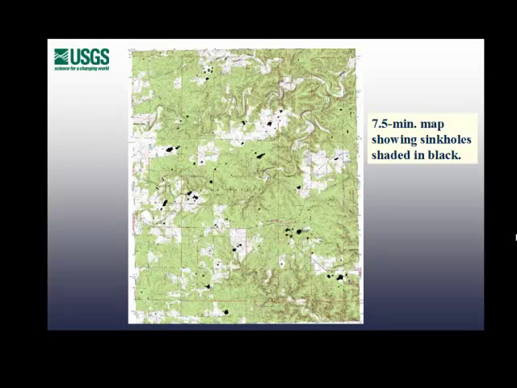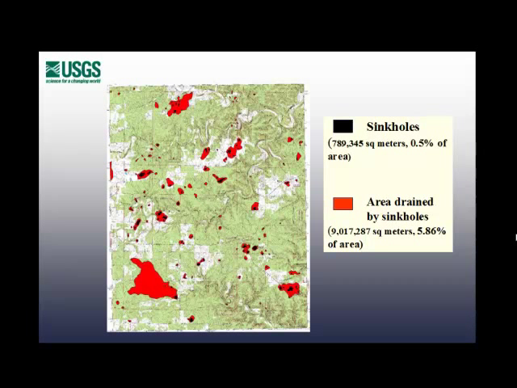Another aspect about sinkholes is environment. Here's a map of an area of Missouri. All the black dots are sinkholes. You think, okay, well, that's not too bad. But the fact is that these sinkholes are natural inputs to the groundwater, and very rapidly. If you look at the drainage basin around those sinkholes, for this one right here, there's a road that runs straight through there.